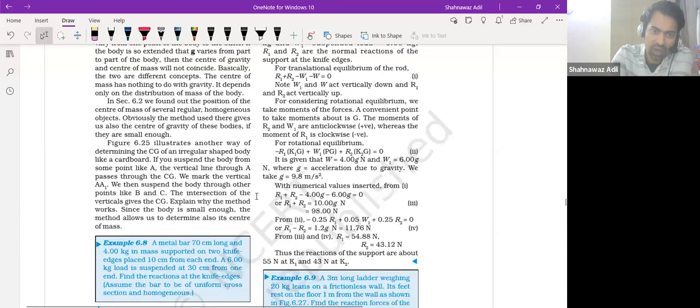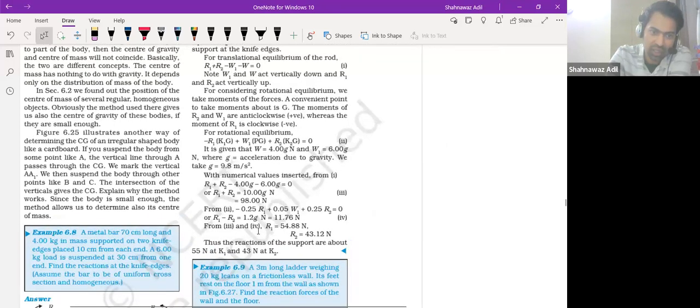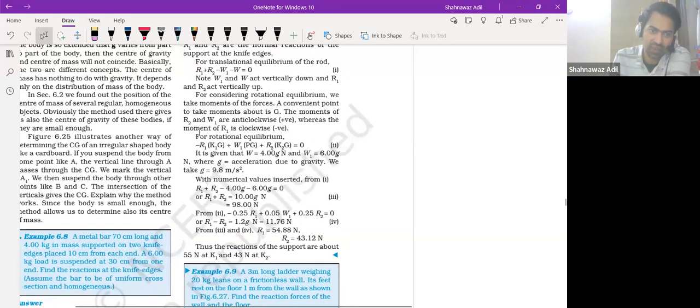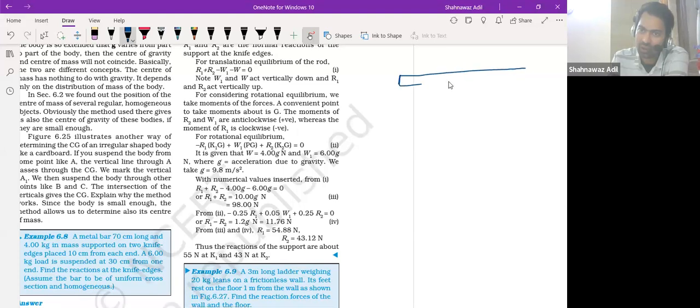Okay, so a metal bar, and this is 70 centimeter long. Now see that this is not a lever, right? Why is this not a lever?